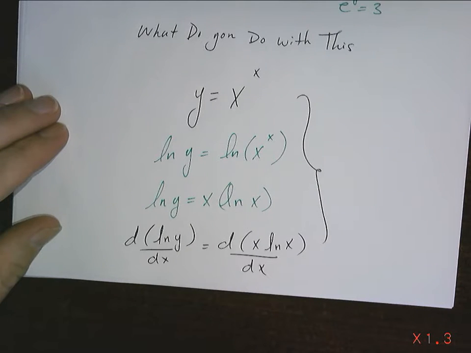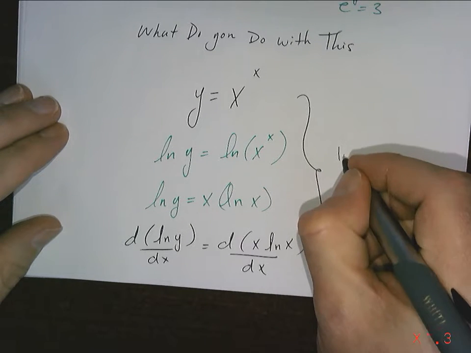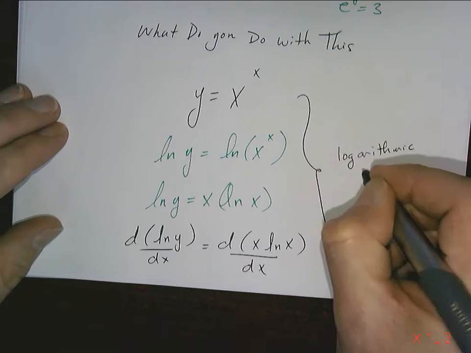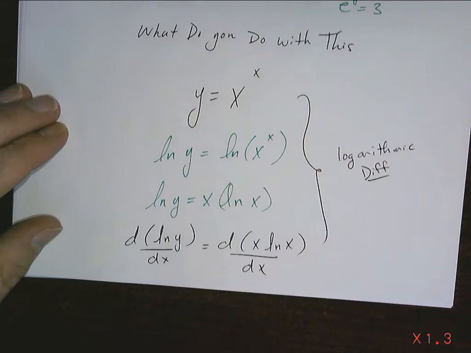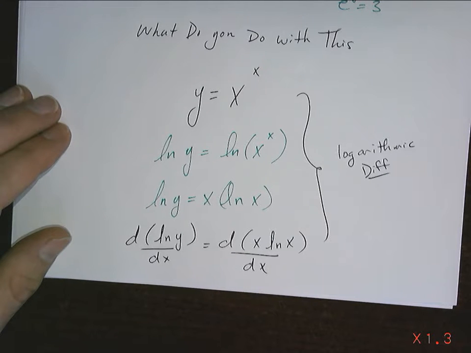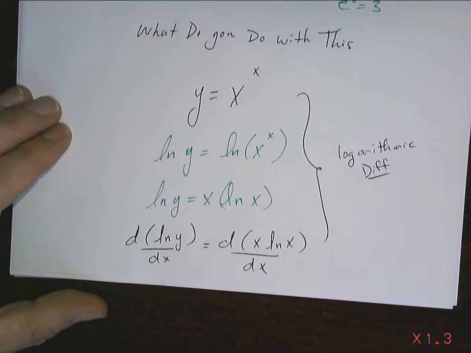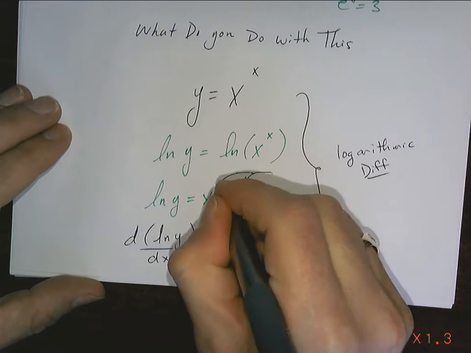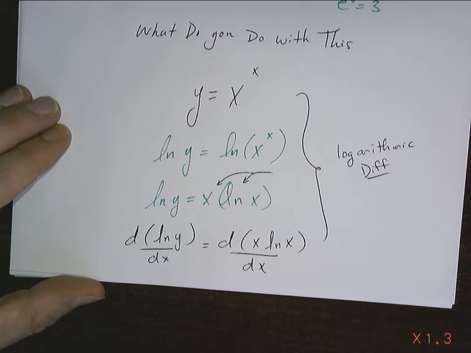So this is how we do logarithmic differentiation. Now, I'm not done. I just showed you how we do logarithmic differentiation. So now what I'd like to do is about 4 examples with you. Okay? I'll leave that up for a minute. Do you see how we've changed it to a product?